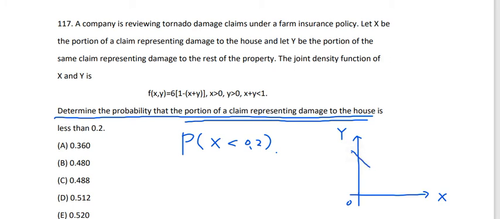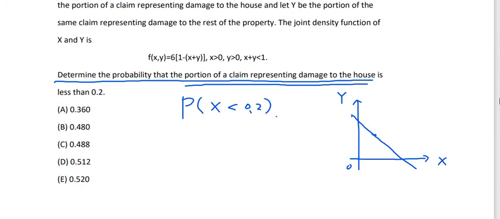So x plus y equals 1 is the boundary, and the range is this triangle. We want x less than 0.2, from 0 to 0.2, so we need the probability of this part. So x from 0 to 0.2, dx.